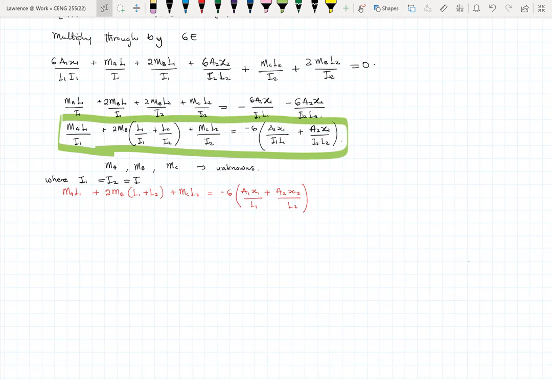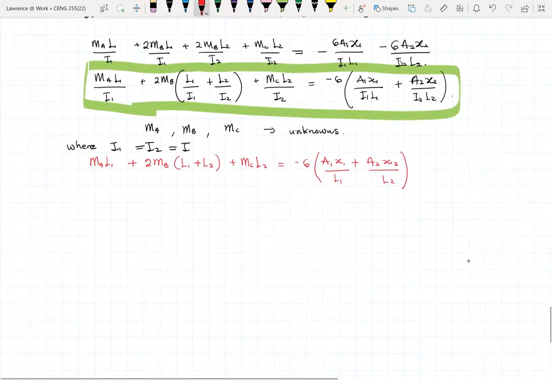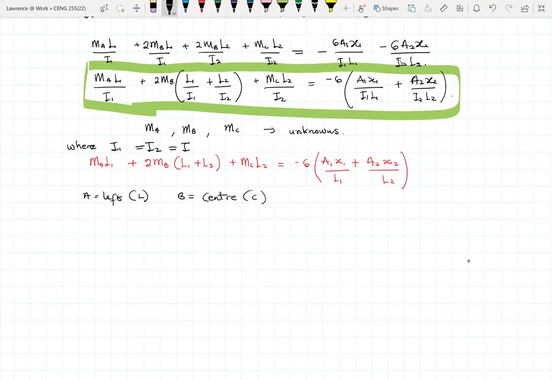Some books, in order not to confuse us in terms of the A, B, and C, assume that A is the left, which is, let's say, L, then B is the center, so that will be center, and then my point C would become my right. So it becomes R.